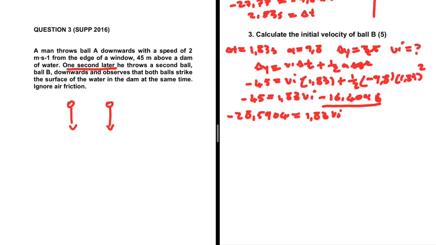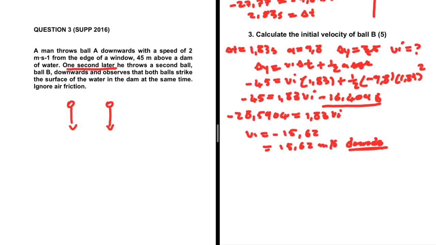If we divide both sides by 1.83, we're going to have vi equals minus 15.62, which is just 15.62 meters per second downwards. That's all the negative sign implies. It implies that the initial velocity is downwards. So there we go. Question 3.